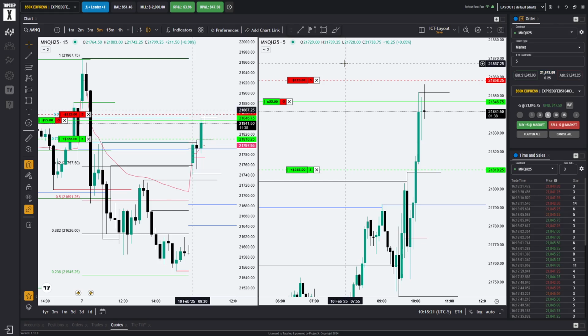It's a good place to short. OTE 79%. I mean, whoever was short has been taken out already. Let's see.